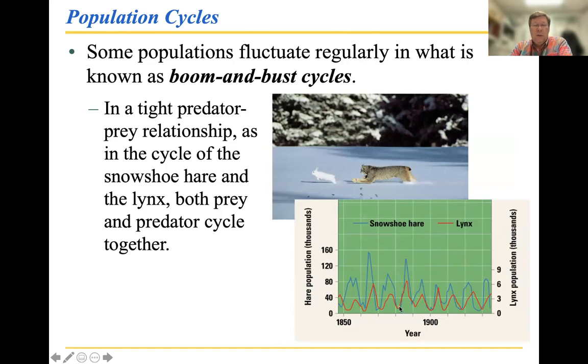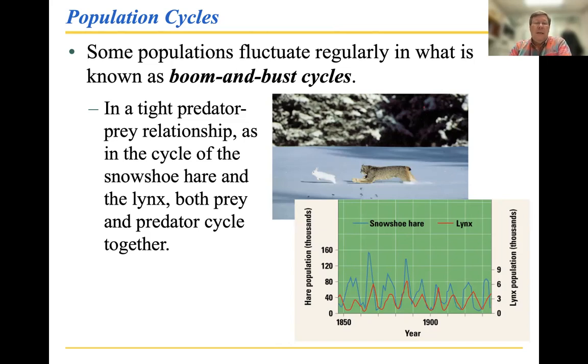And the number of individuals is indicated on the left side of this graph. And then in red, you have the lynx population, the numbers indicated on the right side of the graph, and they also boom and crash. Pretty much coordinated, synced up with the snowshoe hare.